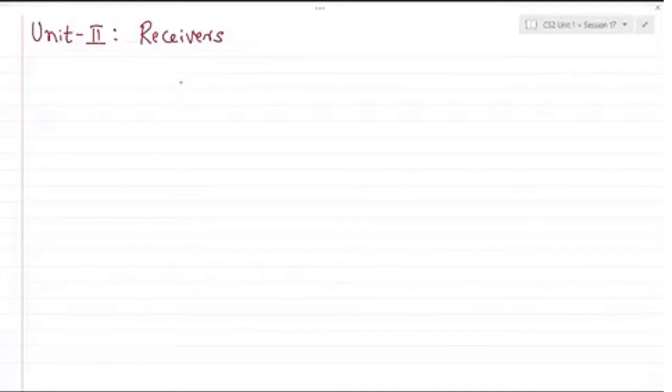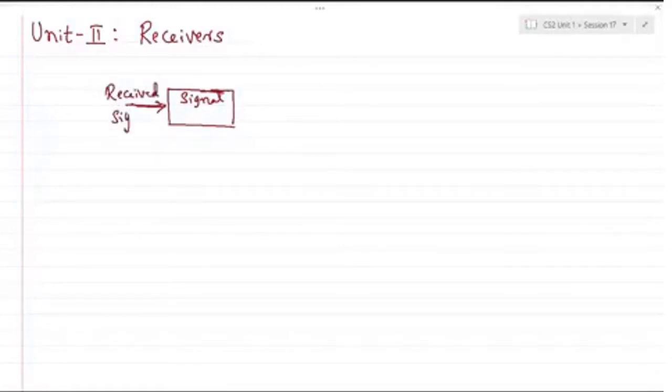Okay, so in this unit, the highlights depend on how we look at the receiver. We look at the receiver in a very broad sense in this way. This is your received signal, received through an antenna, an RF antenna.